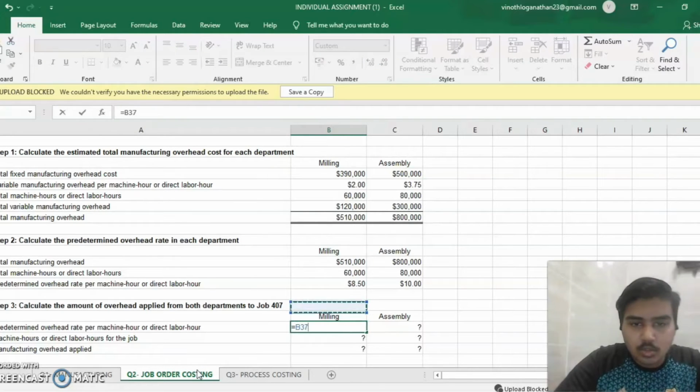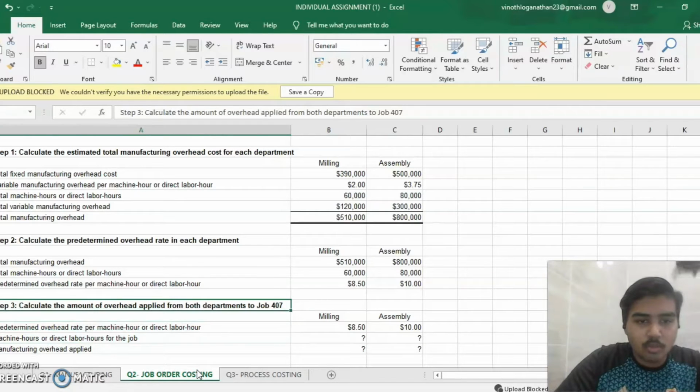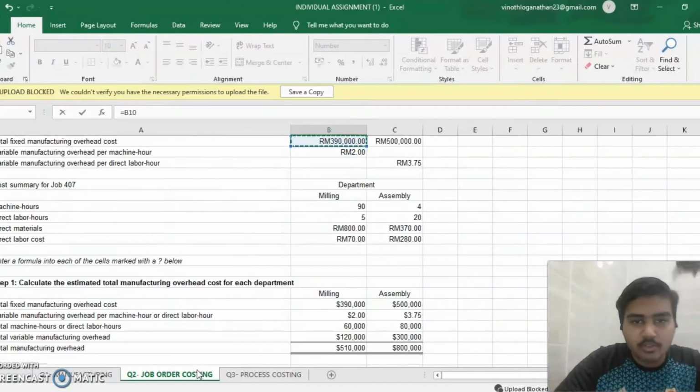So now, since we already got our predetermined overhead rate for per machine and direct labor hour, we just fill it up in here, and then we have our machine hours. Now we are already calculating for job 407. So our machine hours or direct labor hours should be taken from here, because this is cost summary for the job itself.